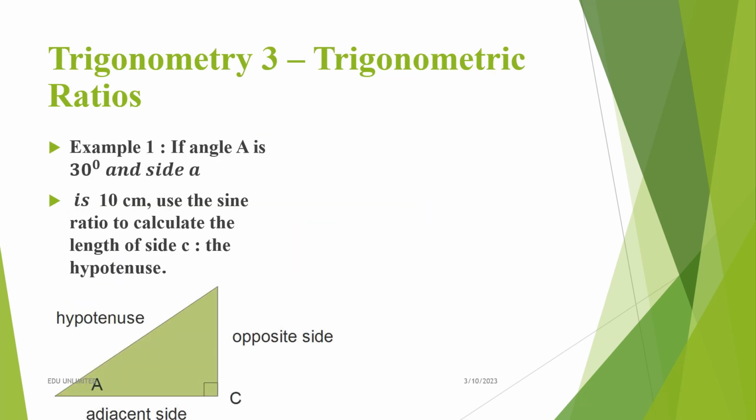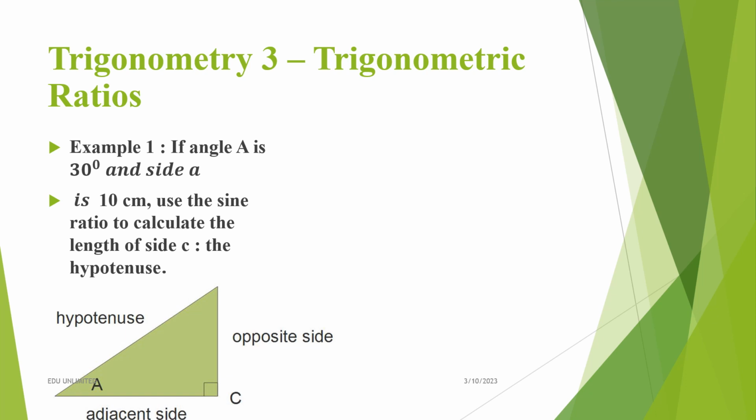Example 1. If angle A is 30 degrees and side A is 10 centimeters, use the sine ratio to calculate the length of side C, the hypotenuse. So first of all, let us label the triangle.